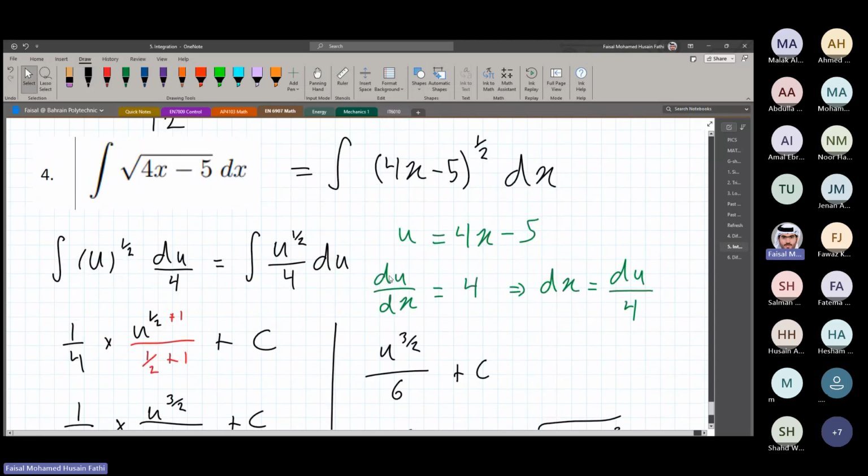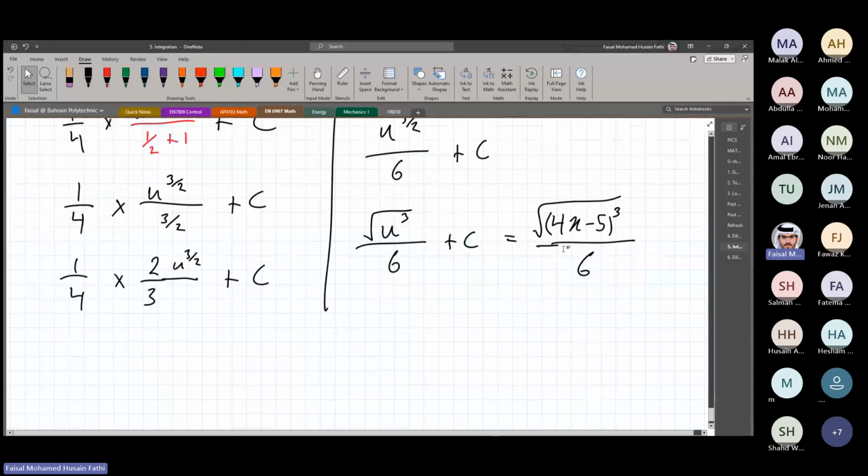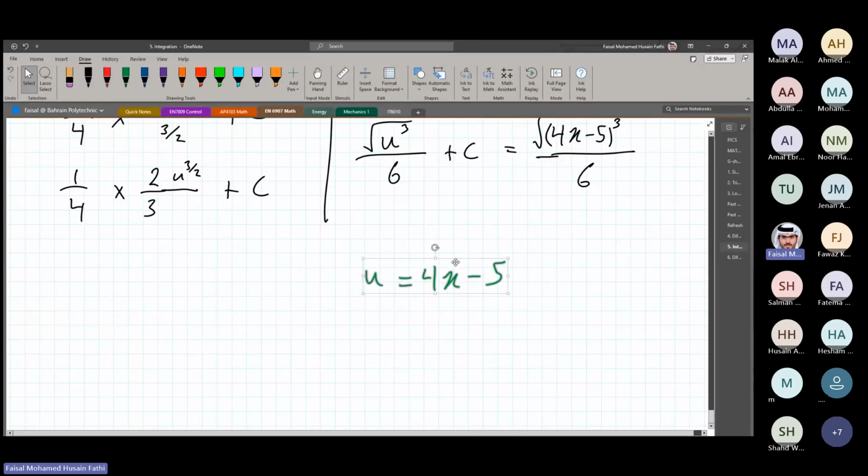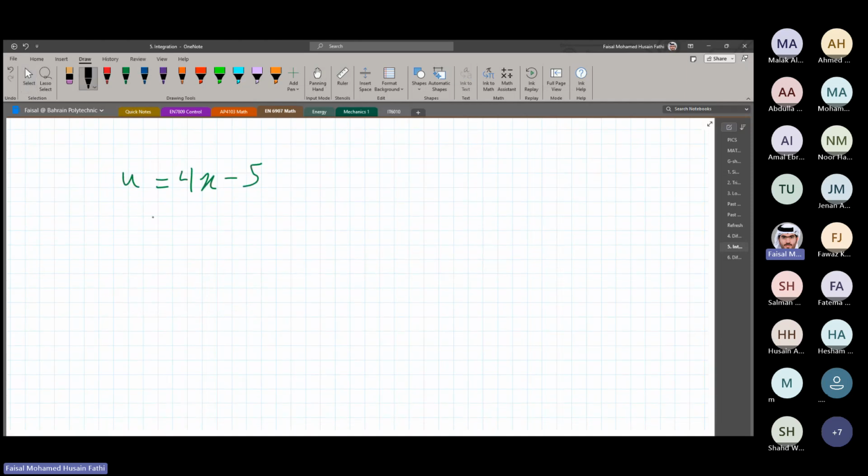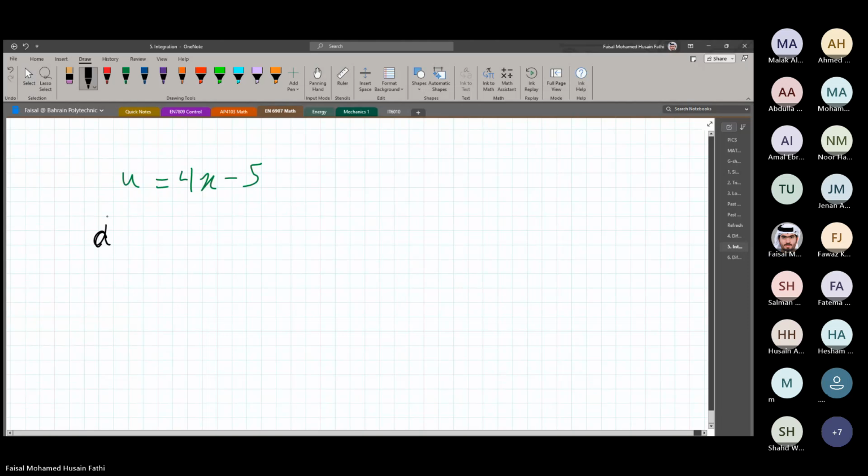If you write du directly, there's nothing wrong. This is an important concept, you guys. Thank you for asking that question. Now we have u equal to 4x minus 5. You can directly write du is equal to 4 dx. This is completely correct.